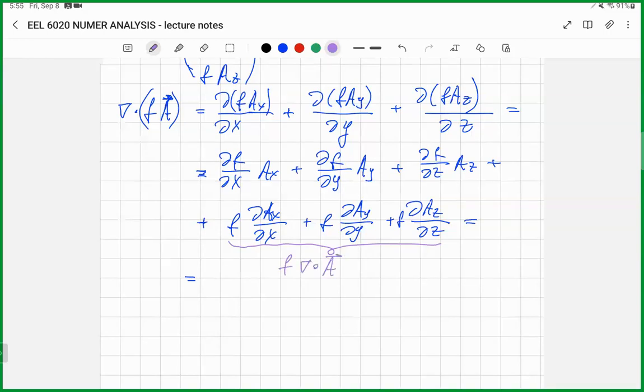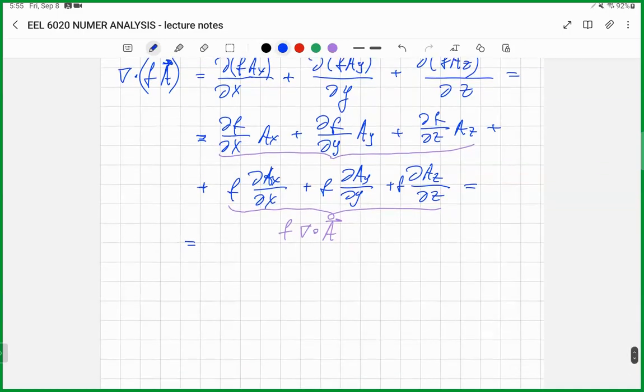And the first line here is nothing but the scalar product of the gradient of the field f with the vector A, easily seen.